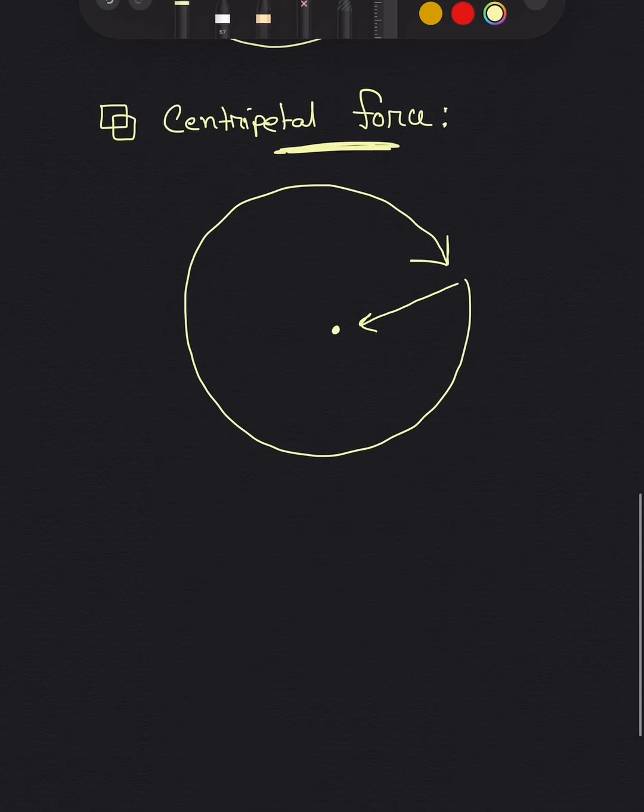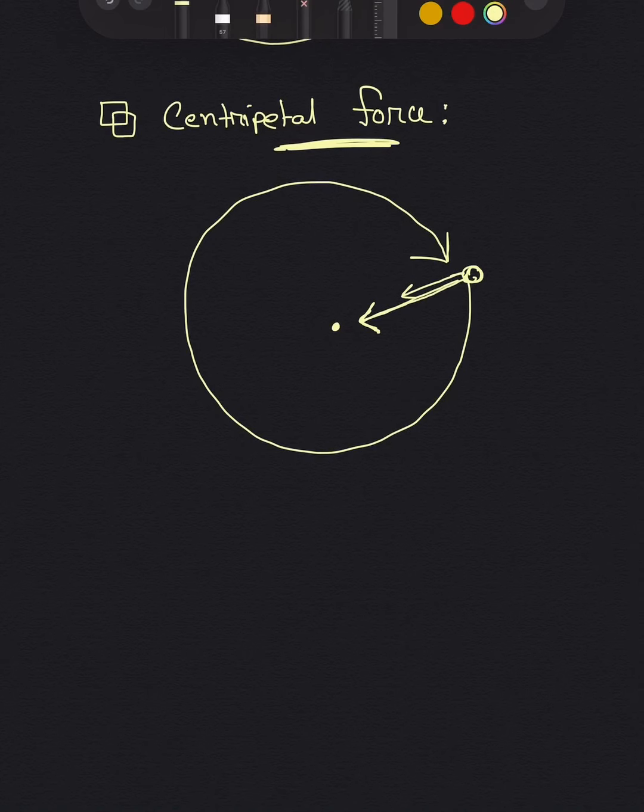Now see, if the attraction force acts towards the center, then the object would always come to the center, not rotate about a certain axis. So how does it revolve around a certain axis? It revolves because there is another type of force that is neutralizing the centripetal force, and thus the body can be kept at its position, and the neutralizing force is called centrifugal force.